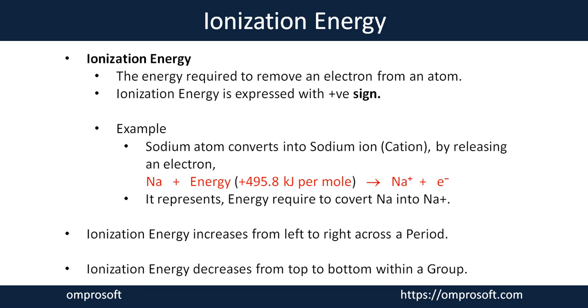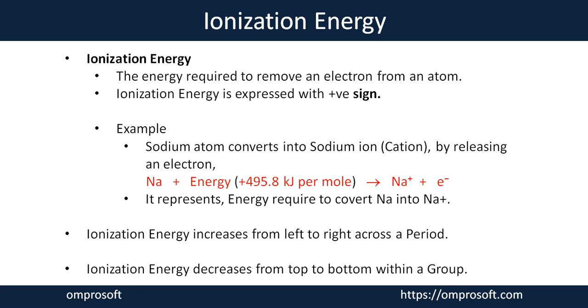And why does that happen? Because while we move top to bottom in a group, the number of shells increases. So the distance from the nucleus to the outermost electron increases, and elements are easily able to lose an electron from their outermost orbital with the requirement of less energy.